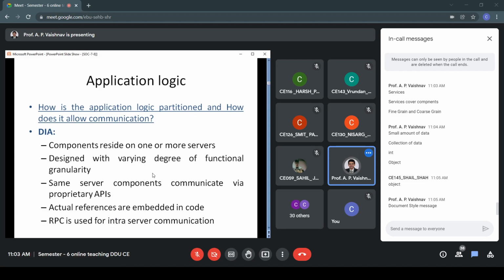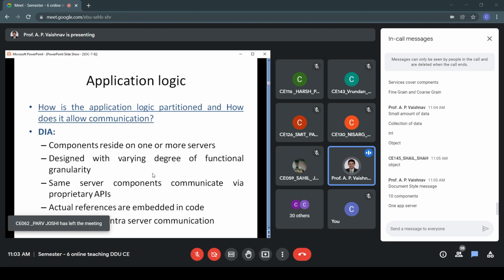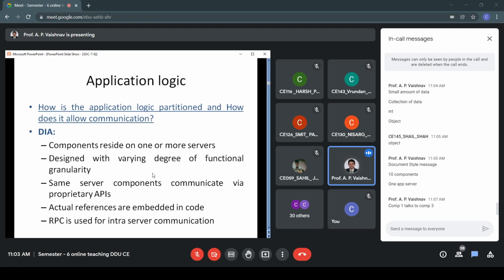So this is again a problem. If you are having one app server, and that app server is having 10 components, and component 1 wants to talk to component 3, it won't be using the standard protocol.